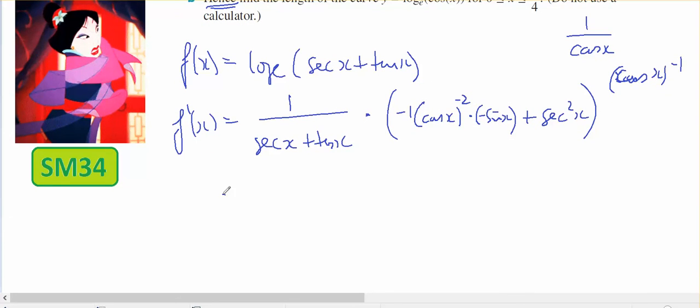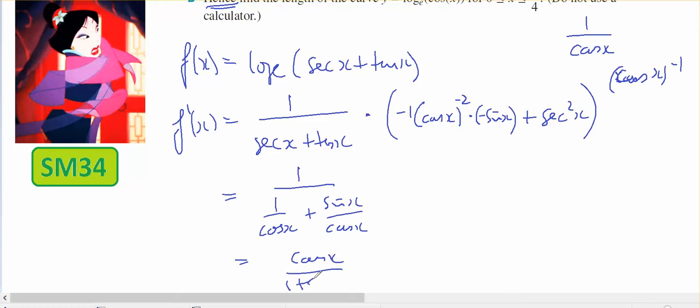So a little bit of simplification here. I've got 1 on top of 1 on cos of x plus sine of x on cos of x, which is cos of x on 1 plus sine of x.